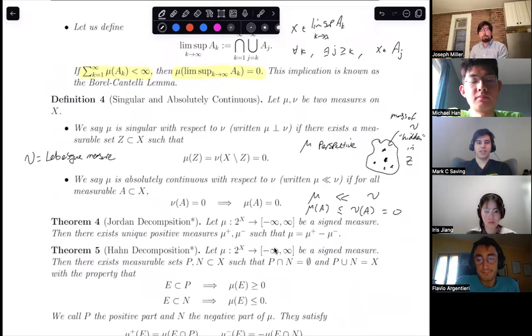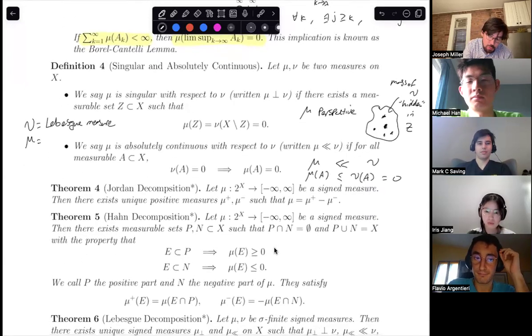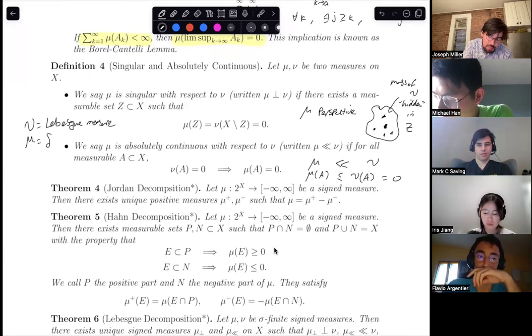Yeah, just take some single point and let the measure of a set be 1 if it contains the point and 0 otherwise. Yeah, so that's what's called a Dirac measure.